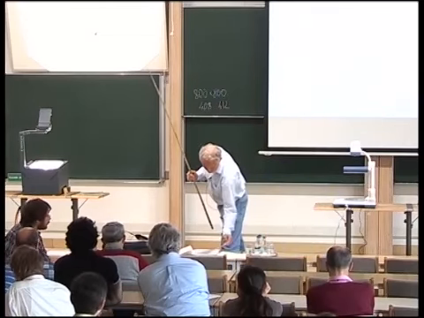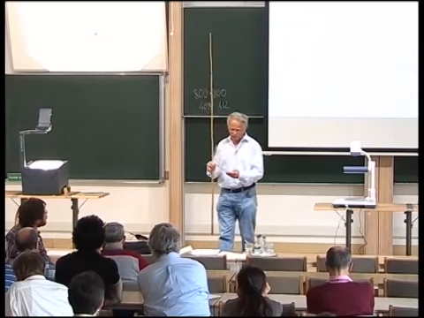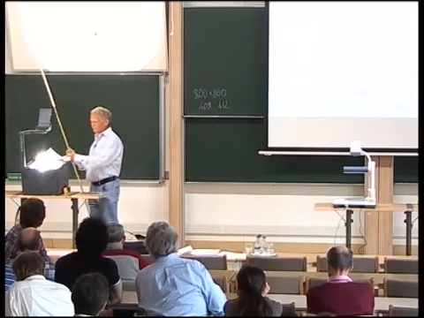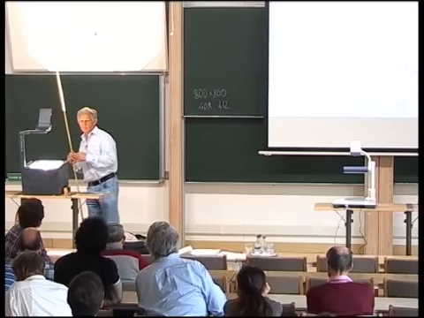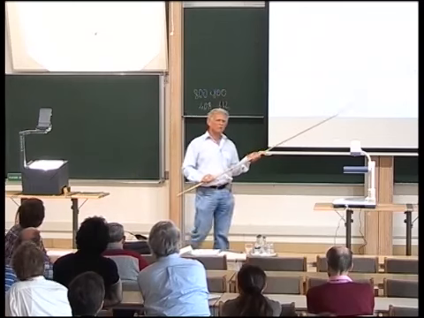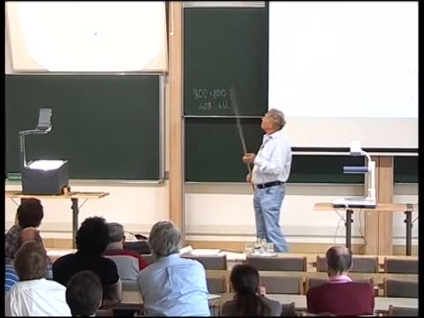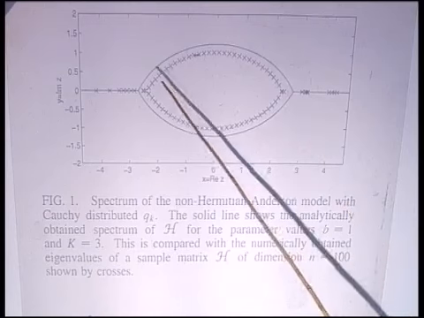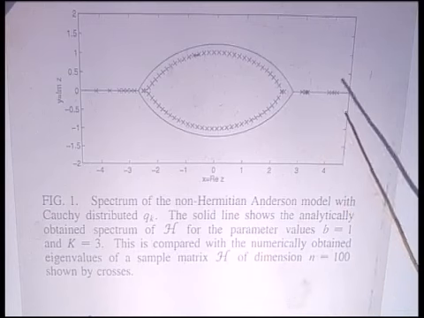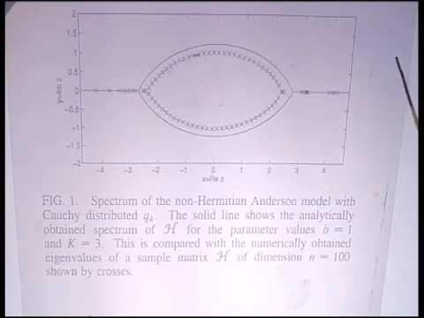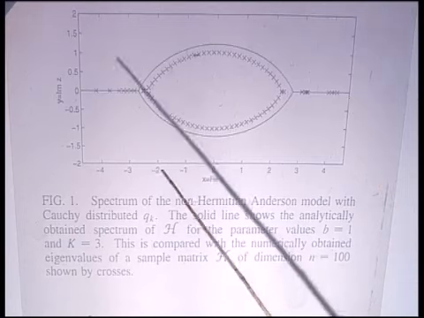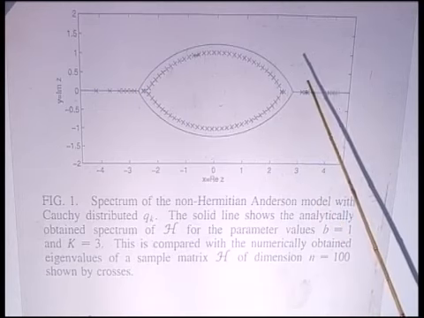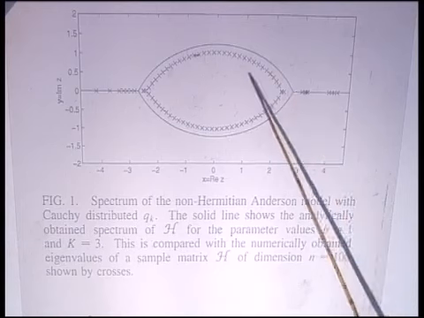I want to show one more picture, which was produced by ourselves and is in our paper. You see, sometimes it's very advantageous not to have a very good computer. It's better to produce a picture for 100 of these guys. It's very similar to what you saw there, but there is some additional information immediately from a numerical point of view. You can see that the distances between these guys are very regular. They behave in a very regular way.